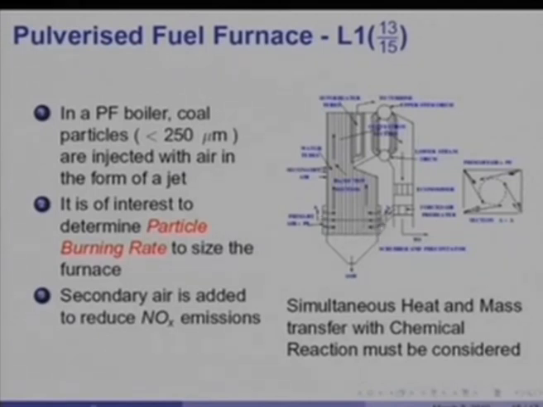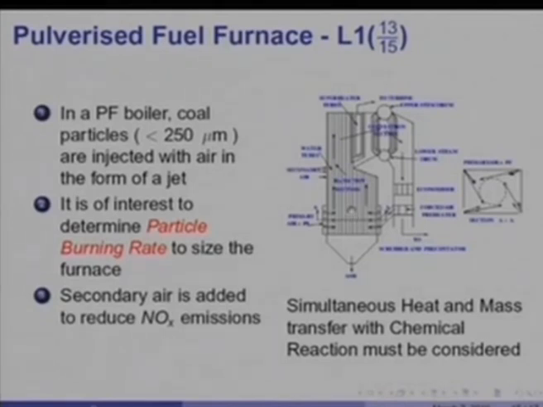If I take a cross section AA at this point, it will look something like this, and the burners are situated in the corners of the cross section, and the coal particles and air are injected in this manner, so as to provide good mixing inside the furnace. The particles burn inside air and release heat.